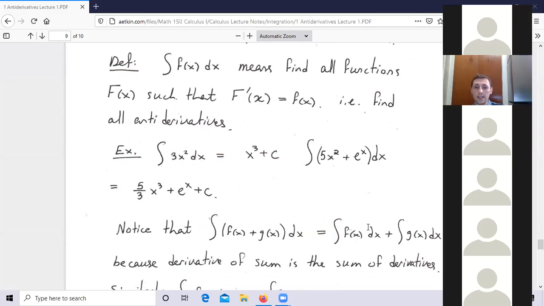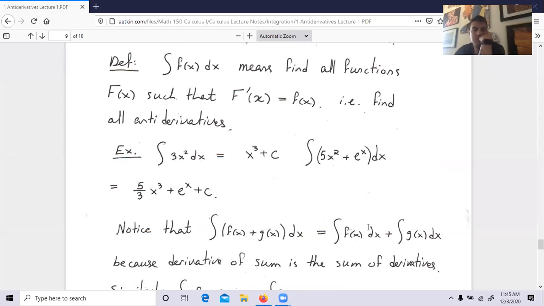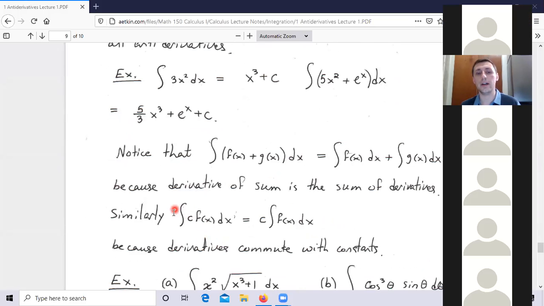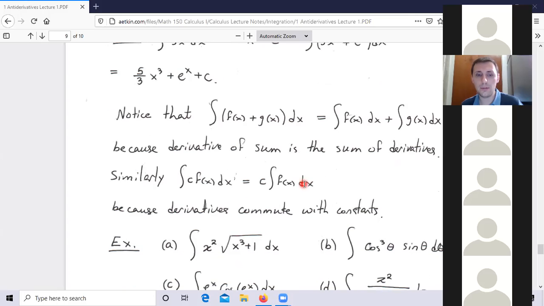If I guess the antiderivative of one function and that of the other, the sum of them will be the antiderivative of f of x plus g of x, because derivatives are additive. Good? And I can always factor out a constant, because I only have to guess the antiderivative for little f, and then I can multiply it by a scalar.